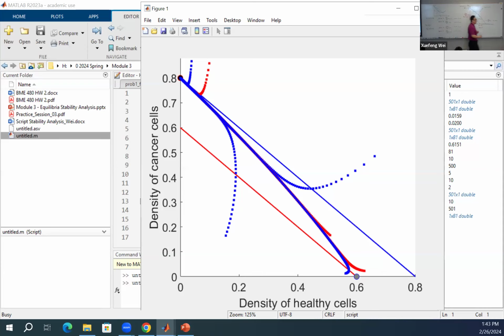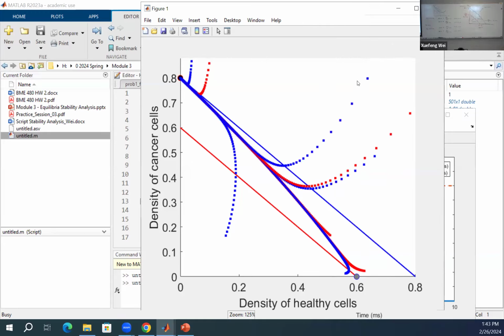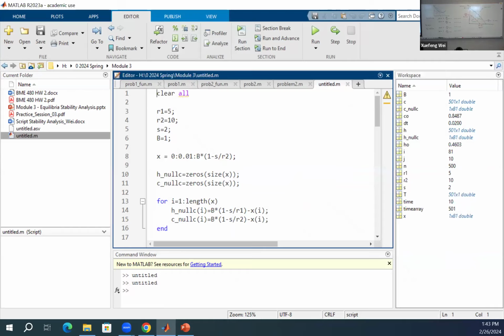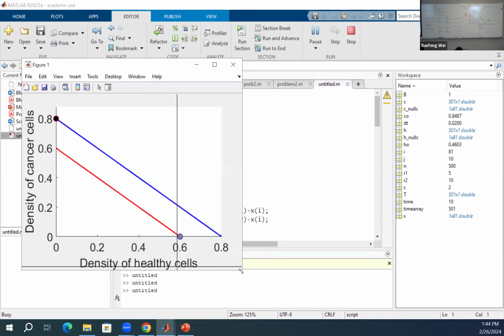Let me just show you one more thing. I'm going to put this line here.